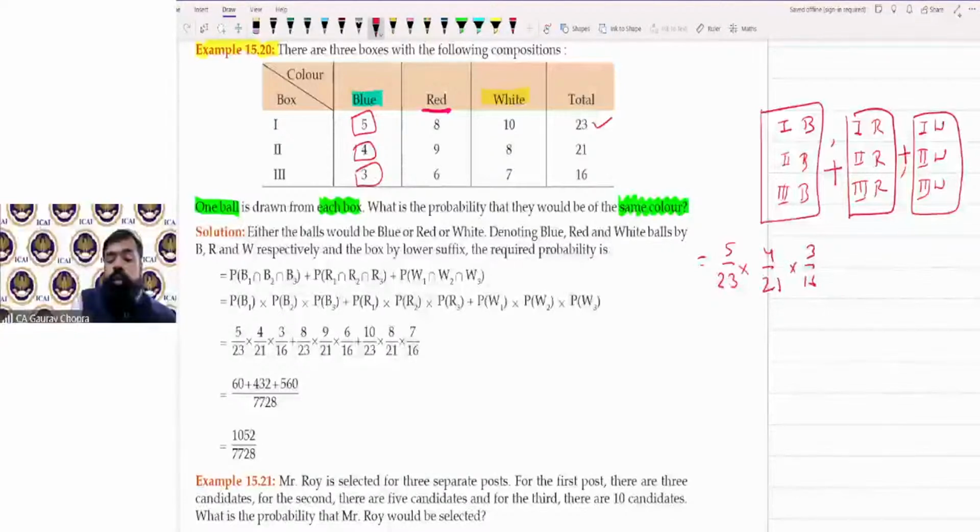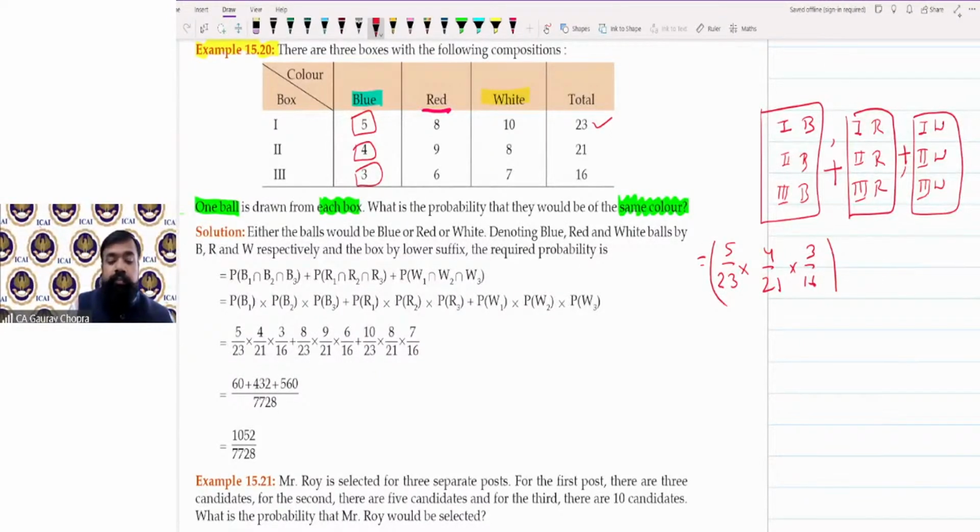So since all the 3 blue balls are required, we have to multiply them. Okay. So whenever all three events must happen, you will multiply. Here you have to select a blue ball from all three bags, therefore we are using the multiply method.